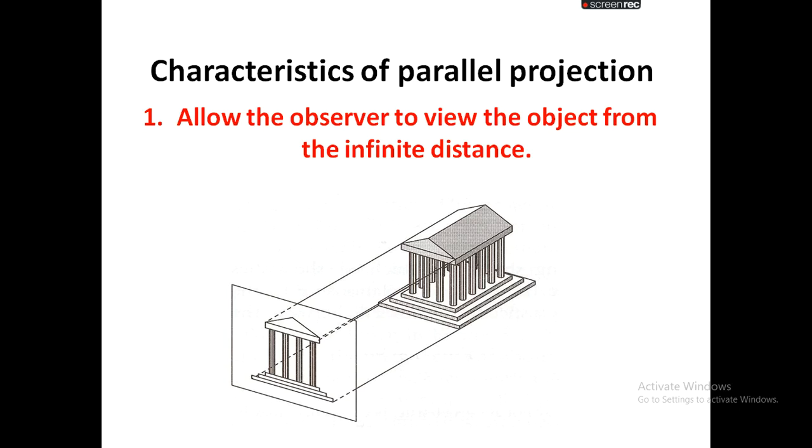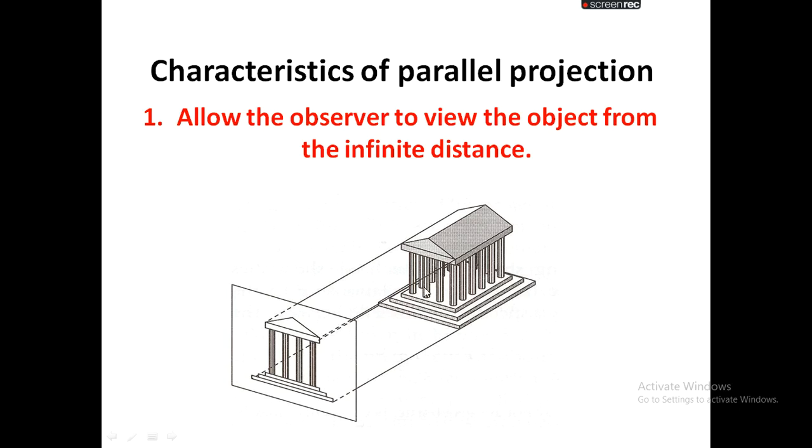From an infinite distance means the distance between the projection plane and the object can be infinite. If you place the camera at an infinite distance from the object, we can still capture that particular object, and the captured object is projected on the projection plane using parallel projection lines.